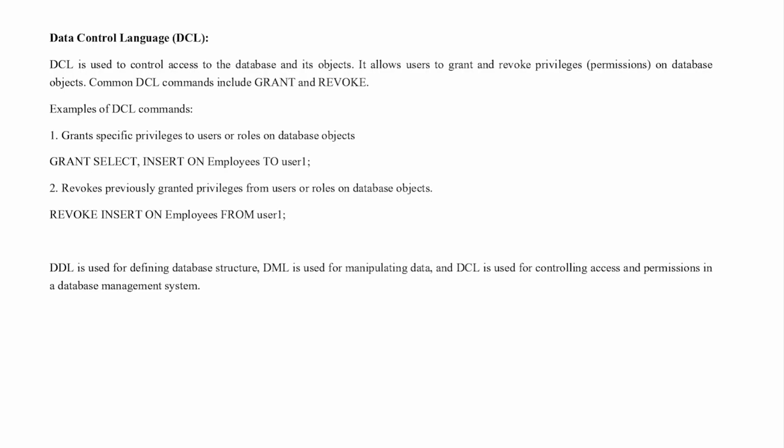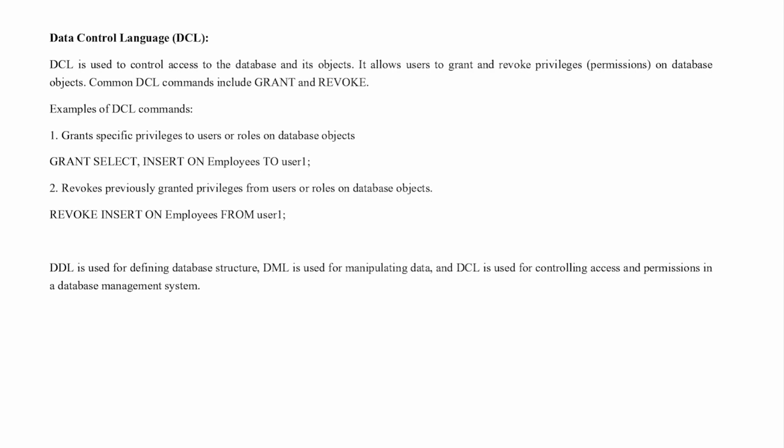Data Control Language, DCL. DCL is used to control access to the database and its objects. It allows users to grant and revoke privileges, permissions, on database objects. Common DCL commands include grant and revoke. Examples of DCL commands. 1. Grants specific privileges to users or roles on database objects.